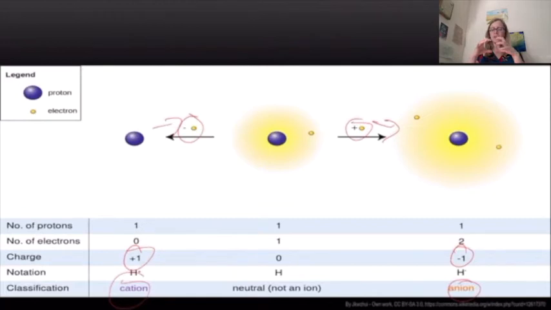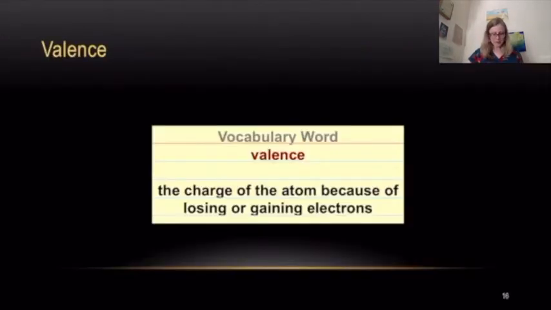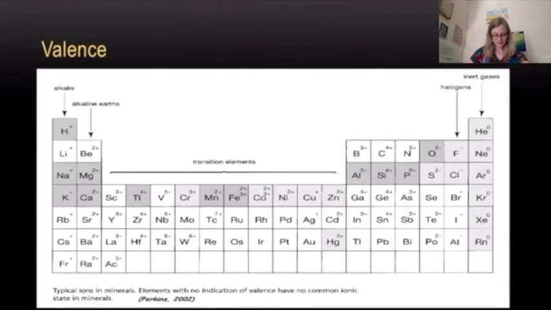So if you've got a stable atom, you remove the negative charge, it will become positive. You've got a stable atom, you add a negative charge, it will become negative. Valence is the charge of the atom because of those electrons being added or removed. So we can have positive valence or negative valence.